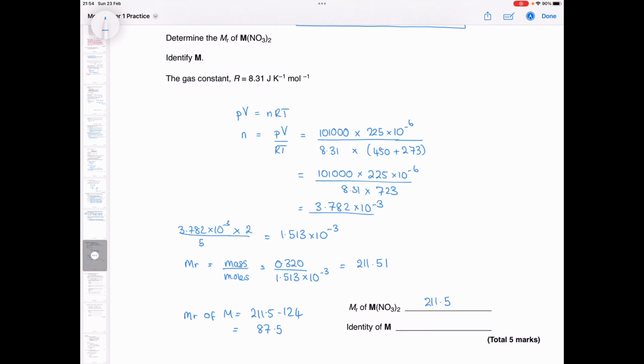And when we have a look at the periodic table, we can see that that is closest to the Mr of strontium. So the identity of M must be strontium.